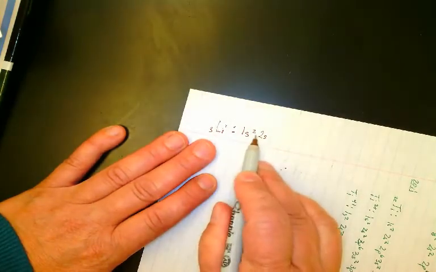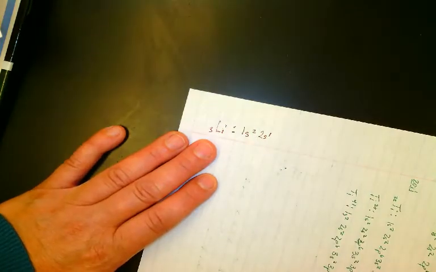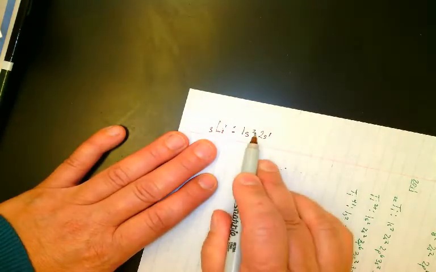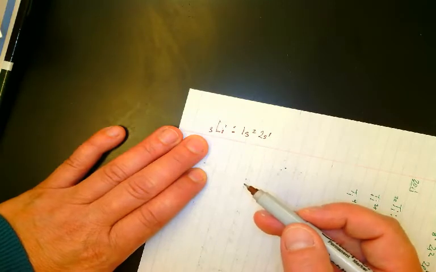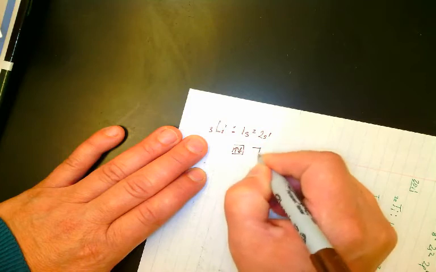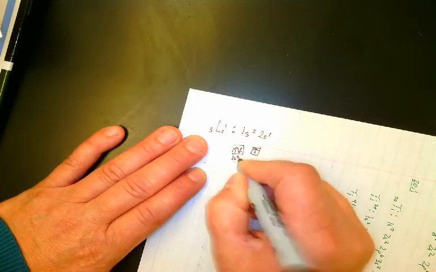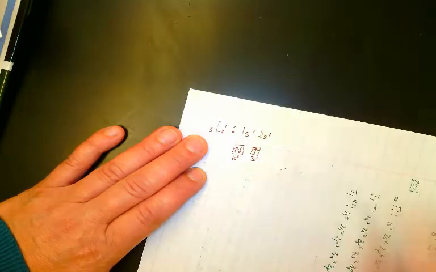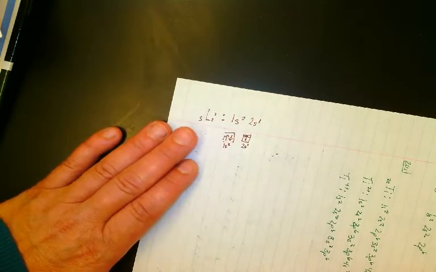I have to add these exponents up to equal 3, so 2s gets 1. So then you just draw the first box with 2 arrows, the other one's just 1. And I should put 1s2 and 2s1. Do you understand why?